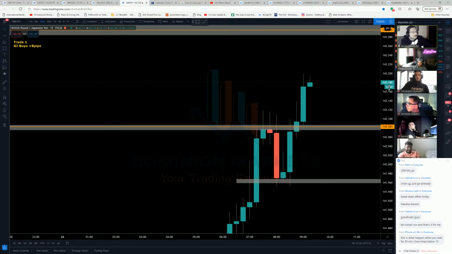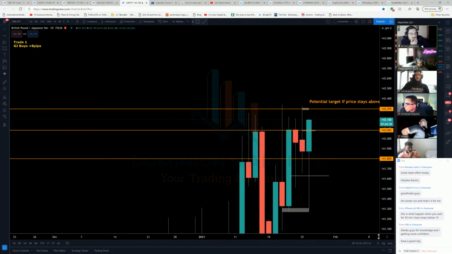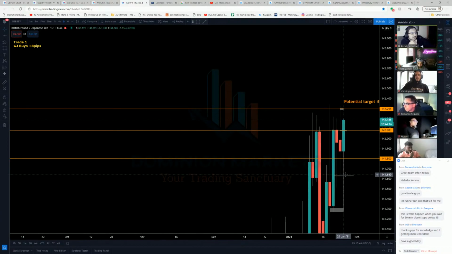At least if we get this daily candle, let's say you don't take any trade today, right? But if you get a nice closing on the daily candle on GJ, like the way it is right now, that means tomorrow you can easily continue looking for buys on GJ, because you had that rejection at 141.500, and it's closing above all those daily candles to the left.